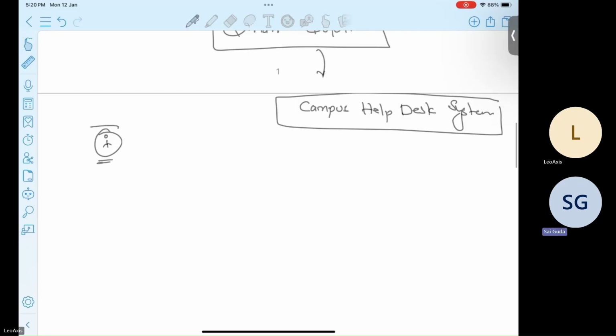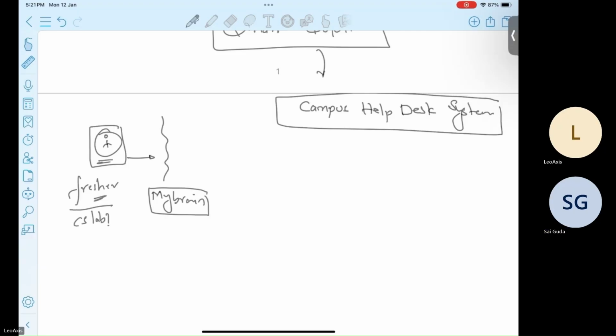So this is me as a college fresher. Now my requirement is that I need to reach the CS lab. In this process, first I'll check within myself, within my brain. Do I remember the CS lab address? Which block, which building?